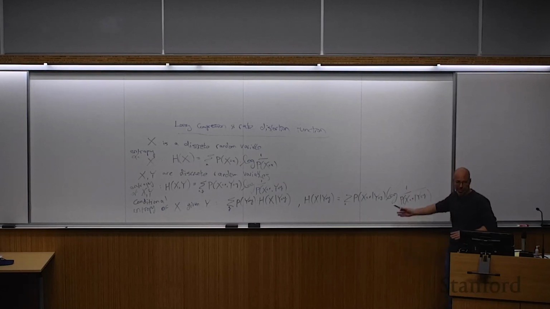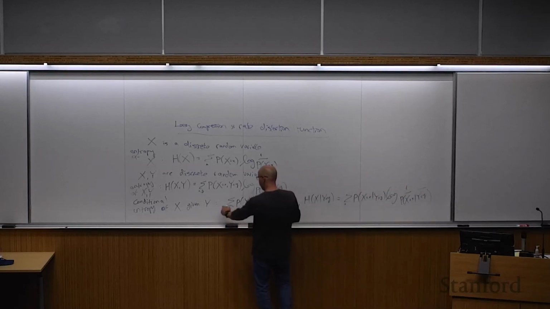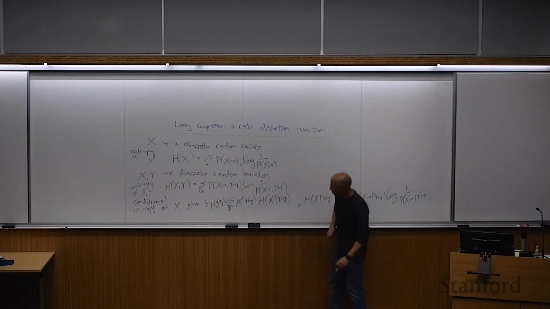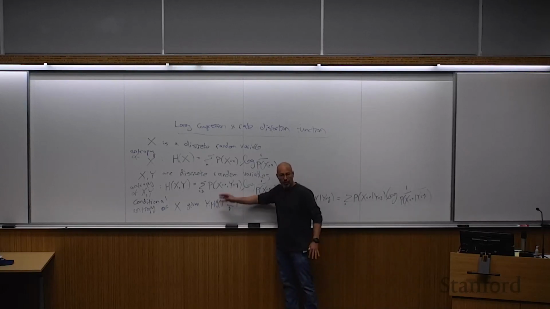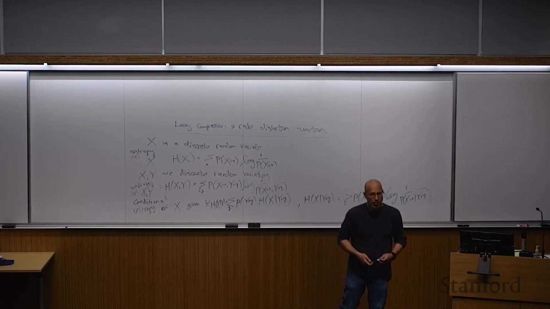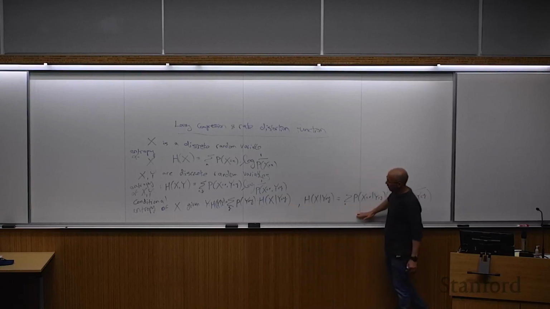Okay, so again, I'm assuming this is familiar. This has the notation h of x given y, h of the random variable x given the random variable y. Again, it's a function really of their joint probability mass function. And here it is explicitly.